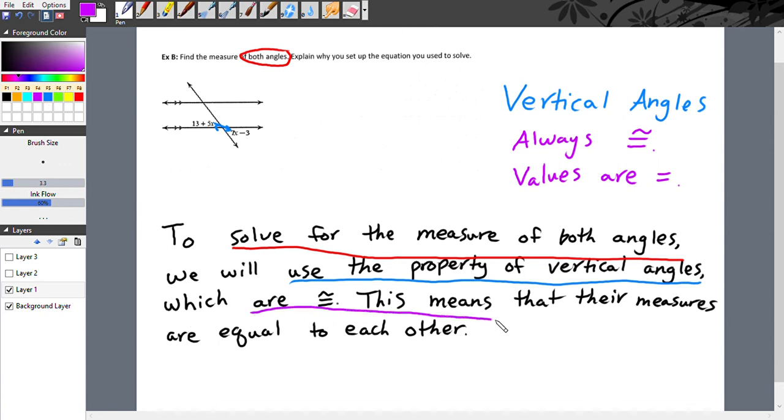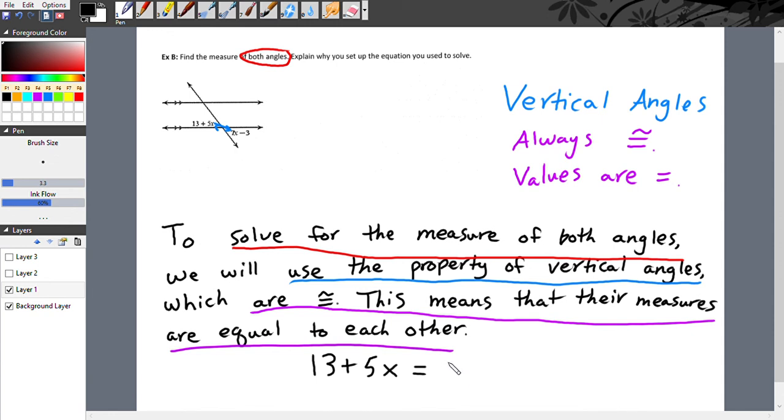They are congruent to each other, and that means that their measures are equal. Now, when I go to actually set up my equation, that means that I know that those 2 things are equal, so I would put 13 plus 5x is equal to 7x minus 3, and from there I would solve.